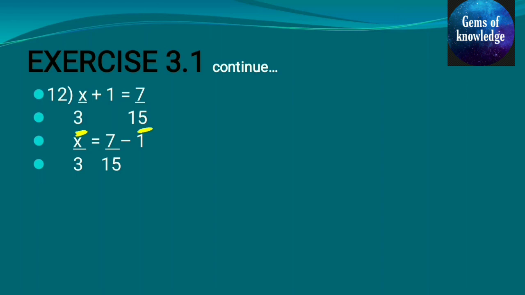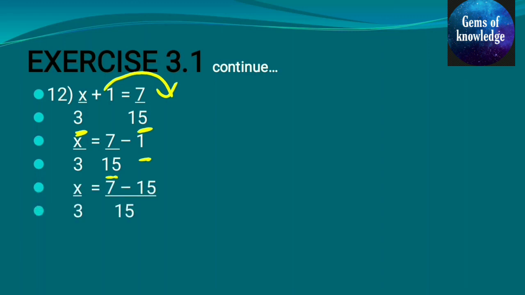We will move this plus 1 to this side. So it will become 7 by 15 minus 1. Since there is a denominator here but no denominator there, we have to cross multiply this 15 with 1.